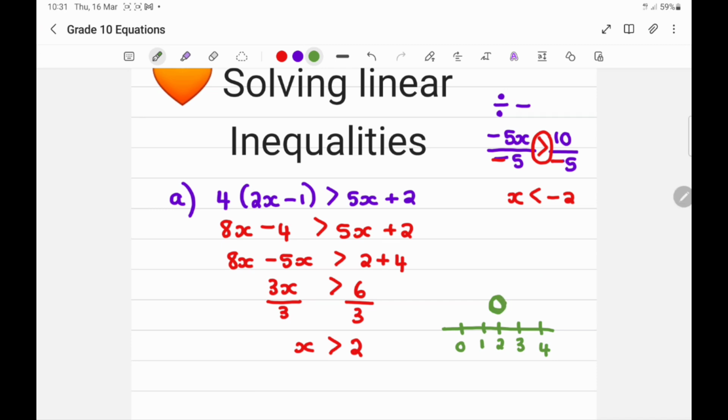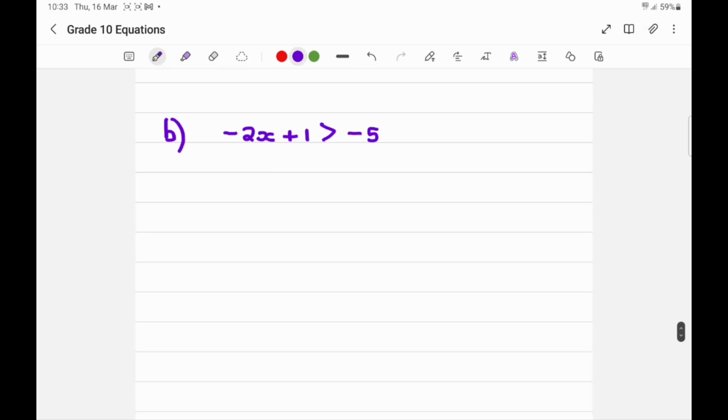So it must be x is bigger than, so it's going to go to the right-hand side because that's where the bigger numbers lie. If it had a little stripey underneath, then we would have colored it in. But because it doesn't, we just make a big circle, which means it's 2 onwards. So it's bigger than 2, not including 2.